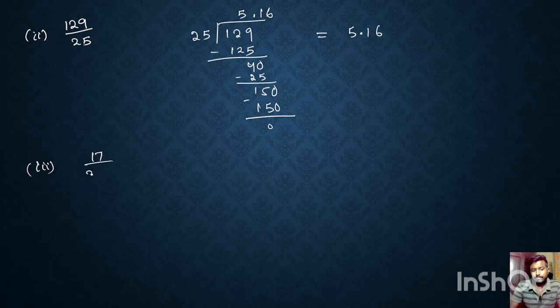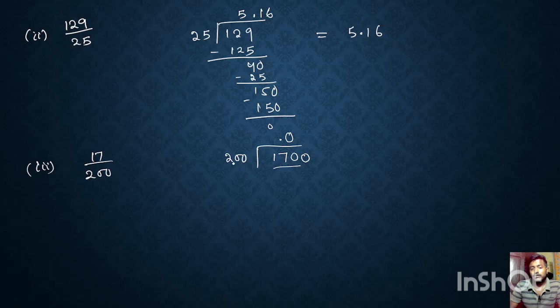Now next question number 3, 17 divided by 200. Now divide 17 by 200. So 200, first we put a decimal, that is 0. Again this is less than 200, that's why you put 0. So 0.